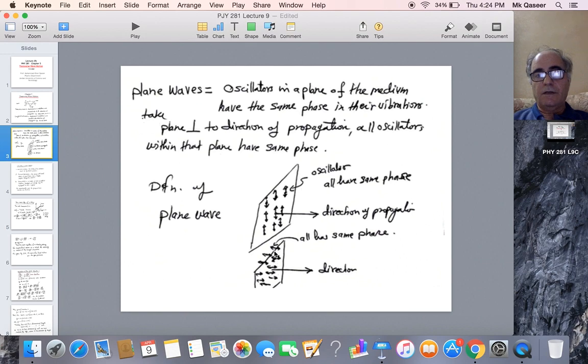In this case, the propagation of the wave is in horizontal direction, and the oscillation also in horizontal. All oscillators located on this plane oscillate in phase.